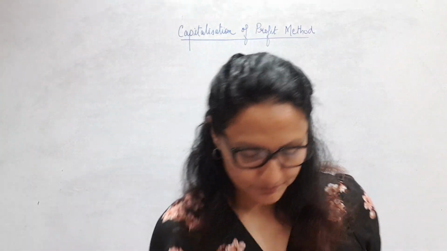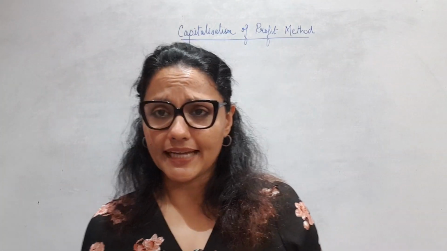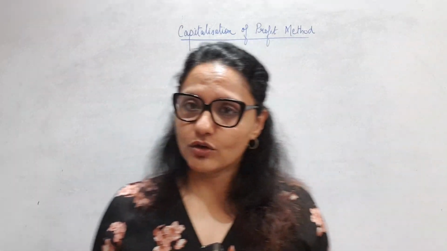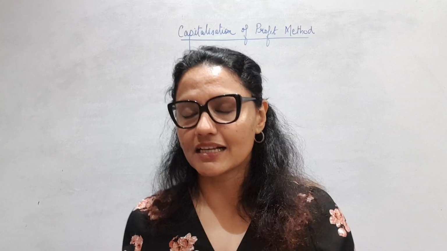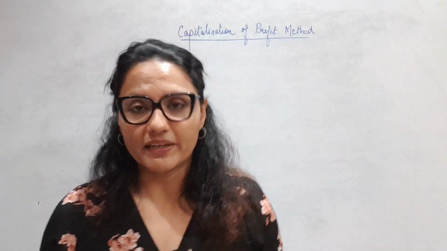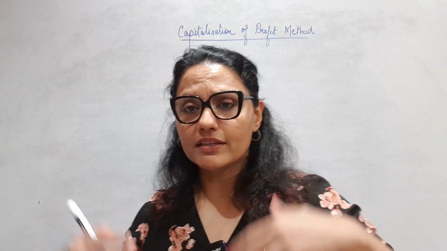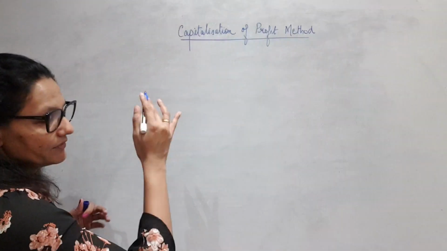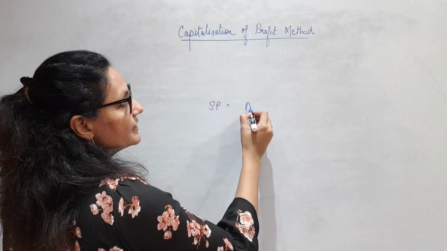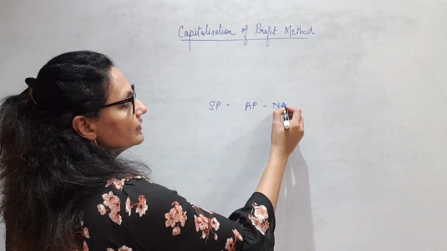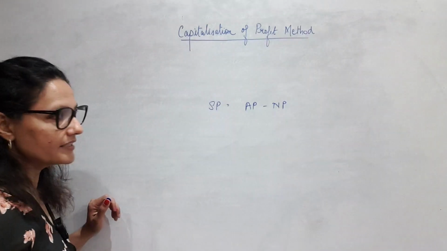Okay, so now let's talk about capitalization. By now, we already know what you mean by average profit and super profit. Last class we did the super profit method. In the previous method, we found out super profit as the difference between average profit and normal profit, right?